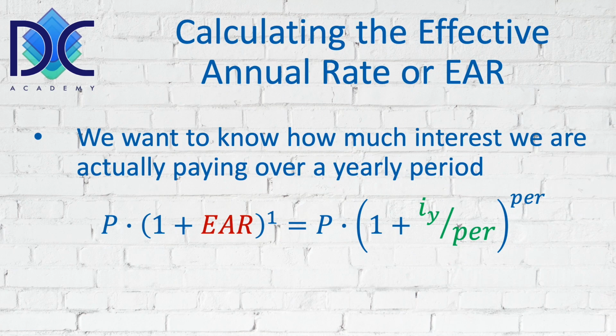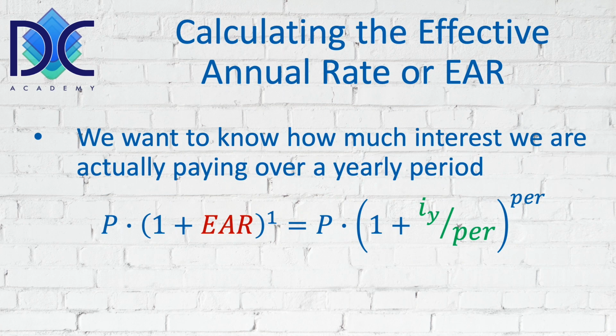So when we take a compounding over a period, whatever the period is, I call it PER, then the periodical interest that we are going to use is the yearly interest divided by the number of periods. And when we compound over 1 year, we find that the principal compounded periodically over 1 year is P multiplied with 1 plus the periodical interest rate to the power of the periods.